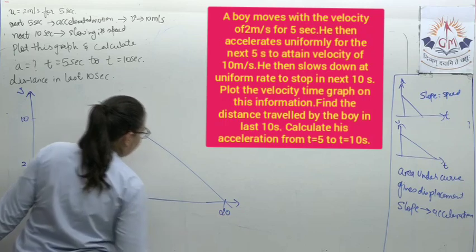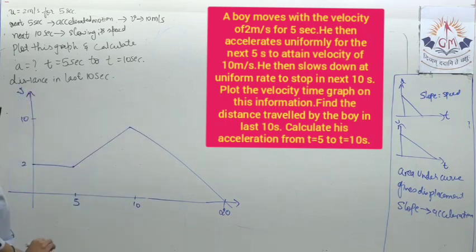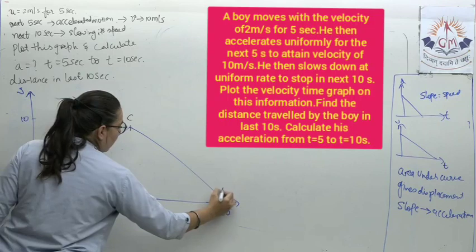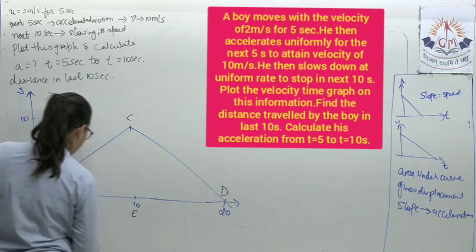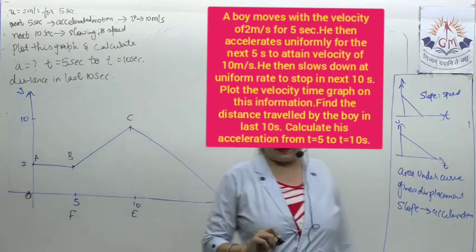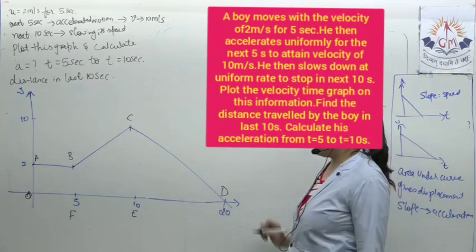This is the 20 seconds. This much data we have with us. First we will name the points so that you can identify the motion: this is point O, A, B, C, D, point E and point F. This is the graph that is drawn from the data that is given.